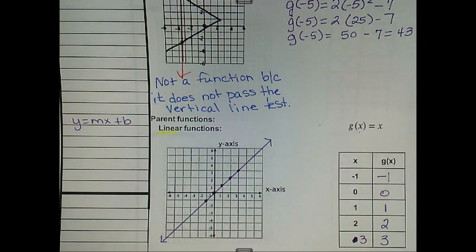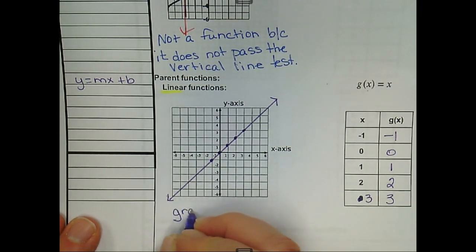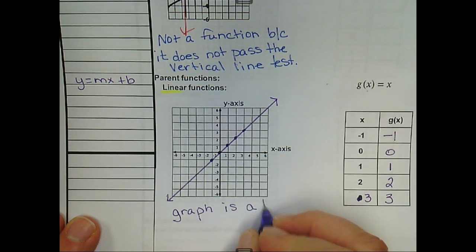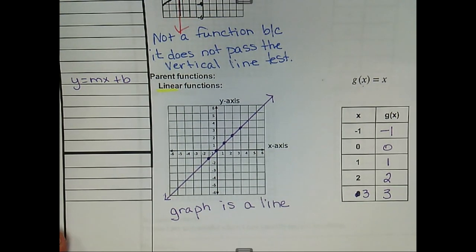So the graph is a line. And remember, lines go on forever and ever. Think of Buzz Lightyear. To infinity and beyond.